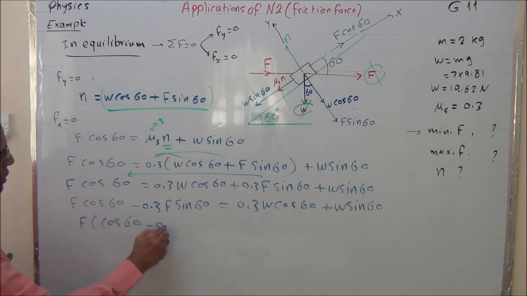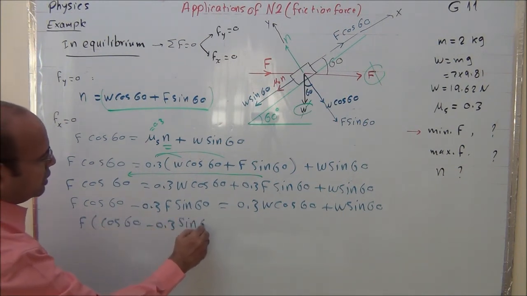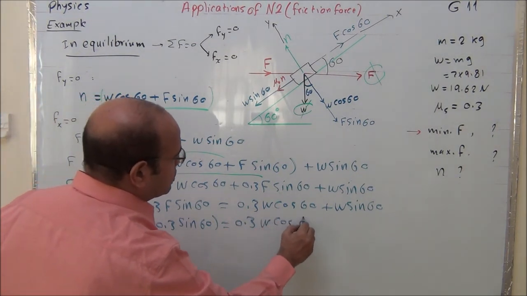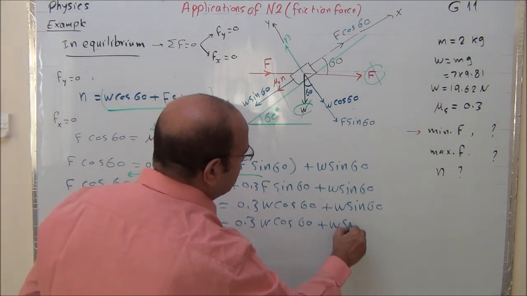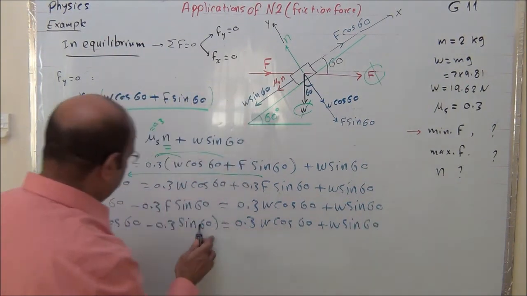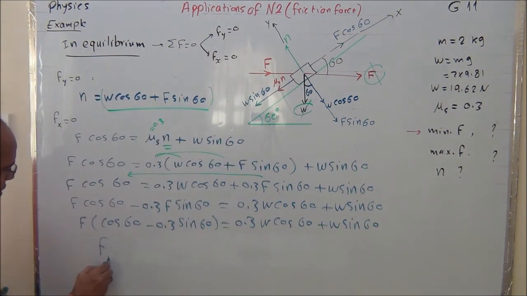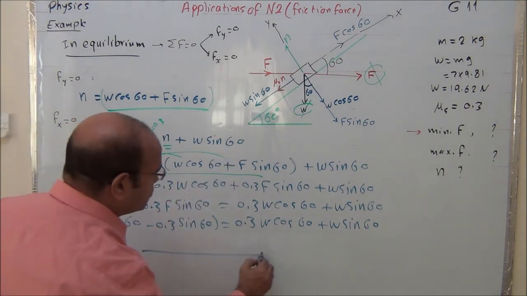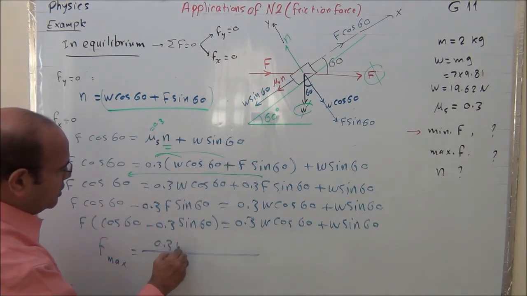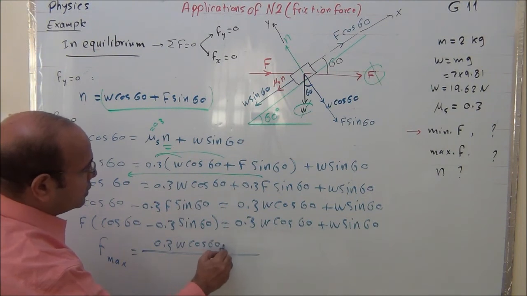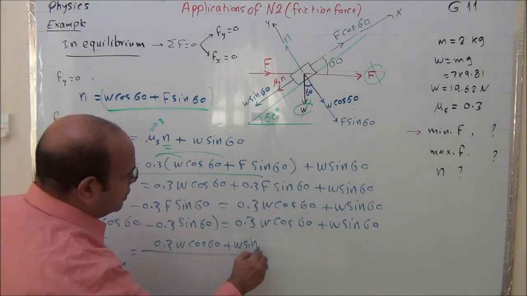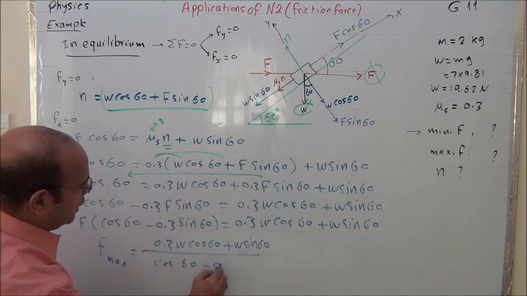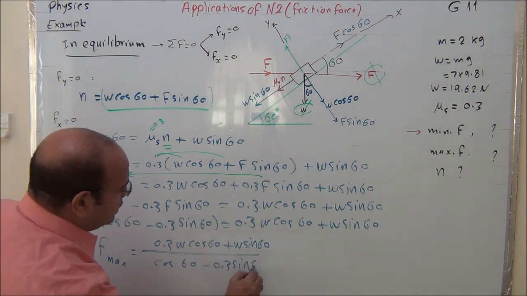F times cosine 60 minus 0.3 sine 60 equals 0.3 W cosine 60 plus W sine 60. We divide by this value to get F. This is F maximum, the second case, equals 0.3 W cosine 60 plus W sine 60 divided by cosine 60 minus 0.3 sine 60.